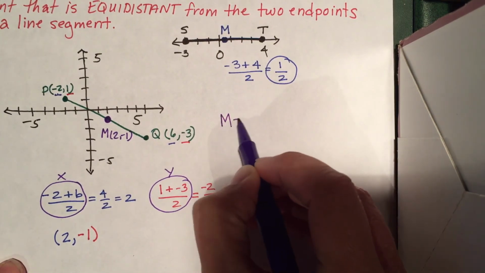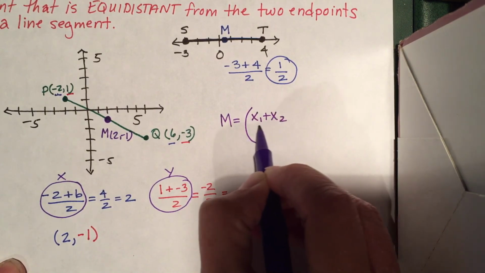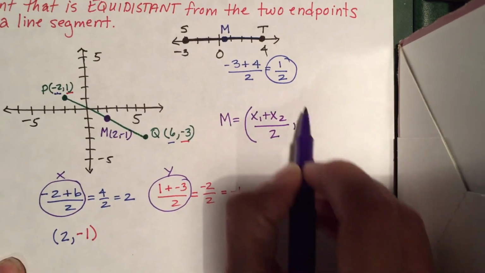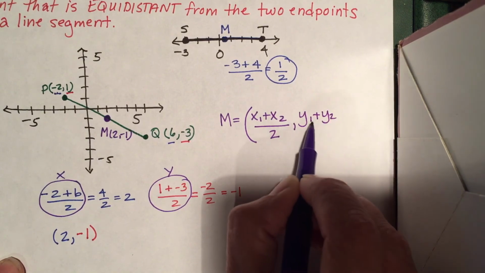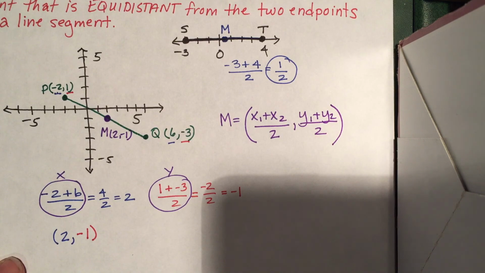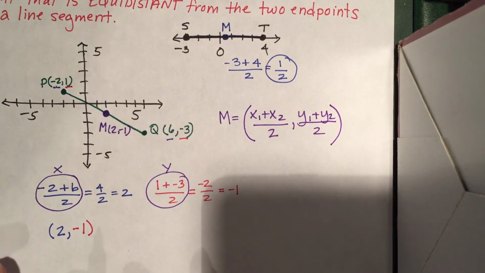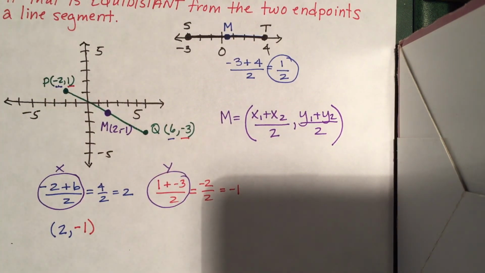The midpoint formula states the average of the two x-coordinates, which is what we did right here, is the x-coordinate, and the average of the two y-coordinates is the y-coordinate of your midpoint. So there's the formula, but you see where it comes from. You can actually solve this without the formula, and you're technically using the formula, you just don't realize it. It's the average of the two x's, the average of the two y's. That's all you have to remember.